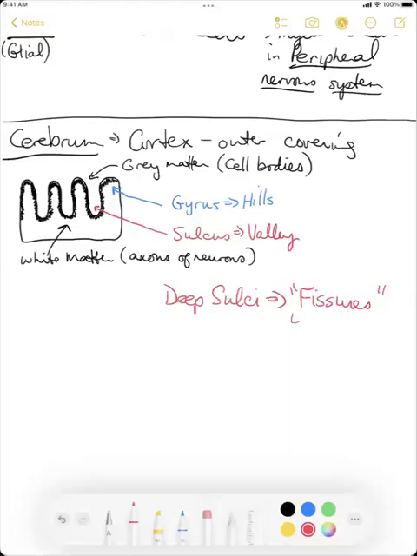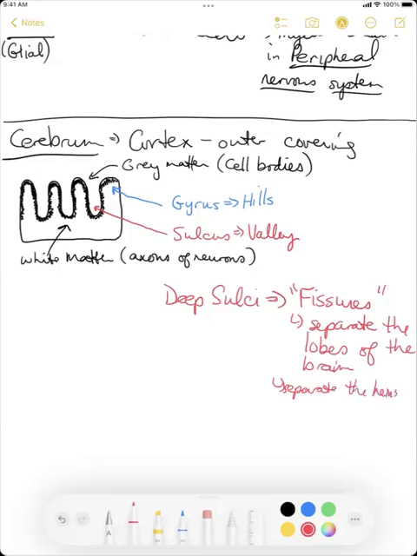And the fissures are very important because they separate the lobes of the brain and the hemispheres. The halves of the brain, the left and the right half.